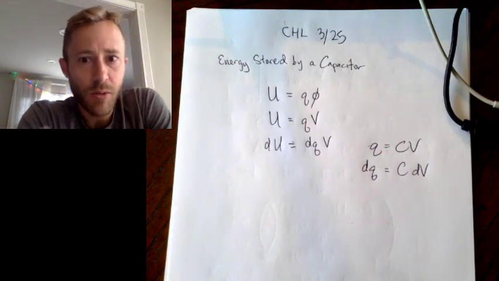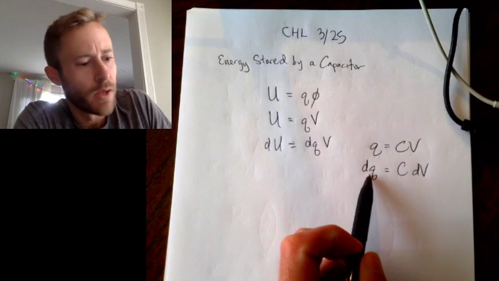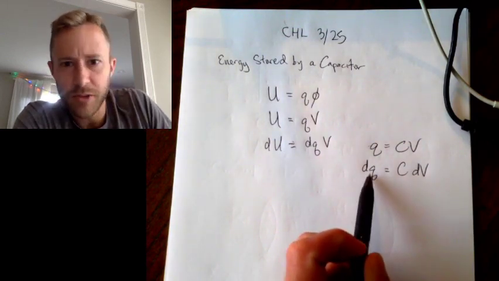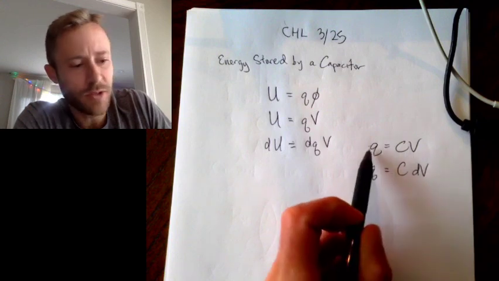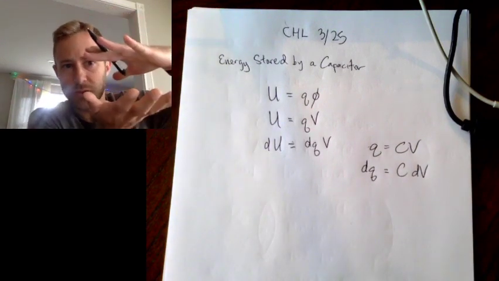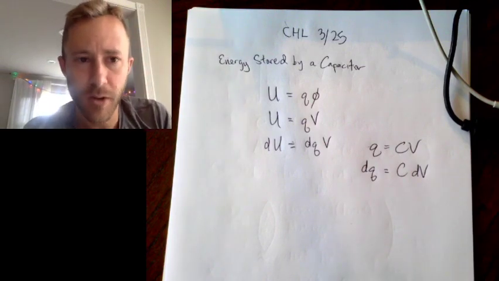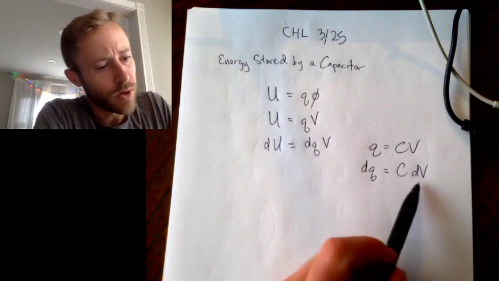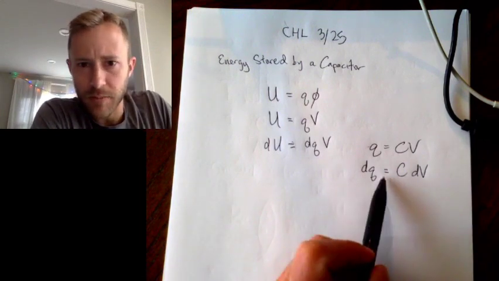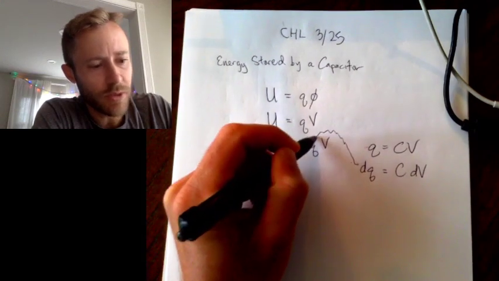Now, why is that? Well, dQ, I'm basically taking the derivative of this equation. The capacitance is constant because the physical geometry of the capacitor is not changing. Okay. So anyways, this formula I'm going to then plug in for dQ.